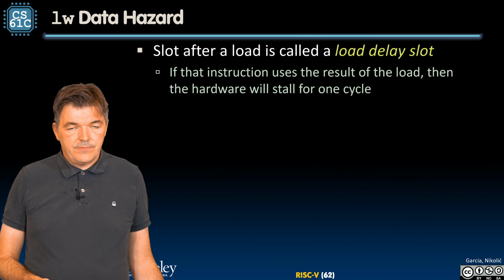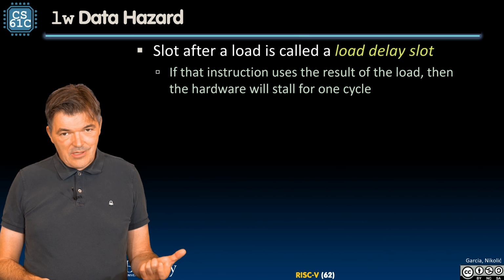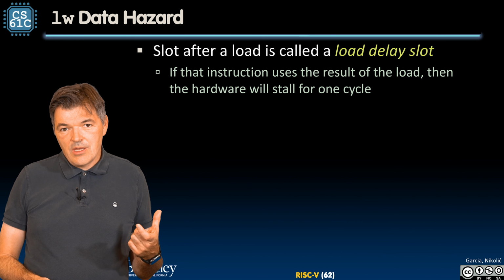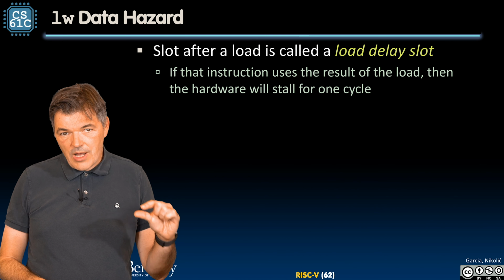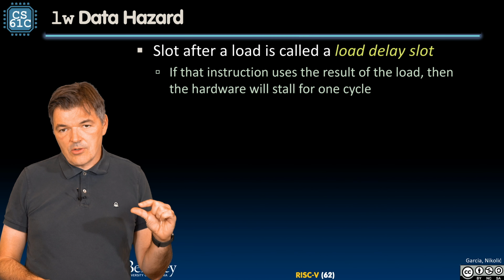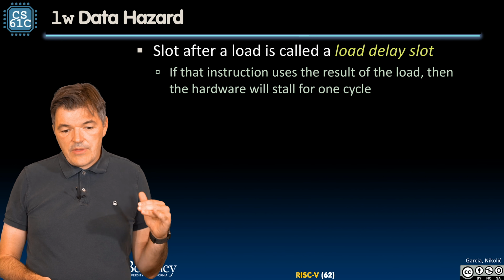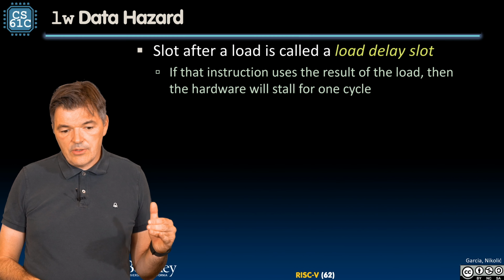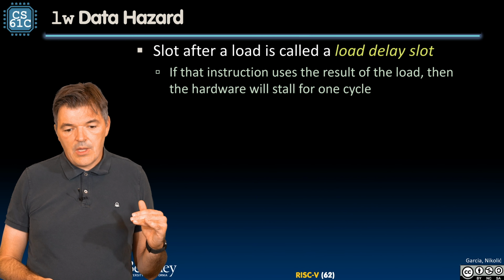Okay, so this is a very important concept in pipelines. It happens fairly frequently. So that instruction that is sitting after the load word is called the load delay slot. If that instruction uses the result of the load, then the hardware has to stall for one cycle.